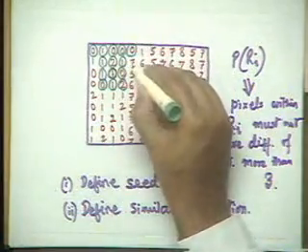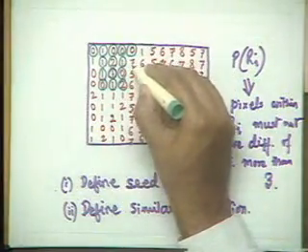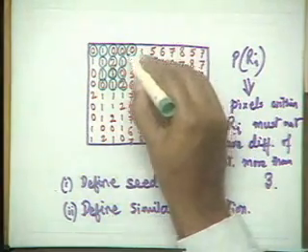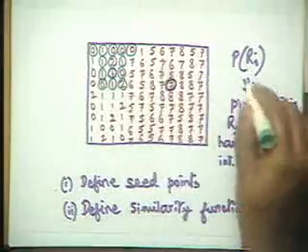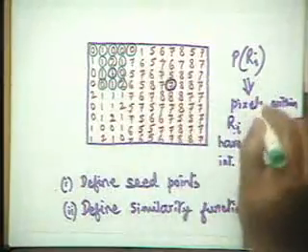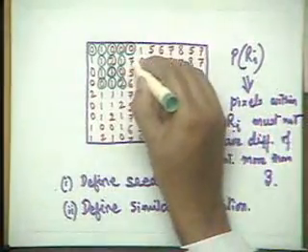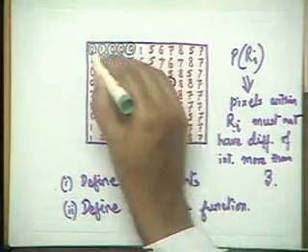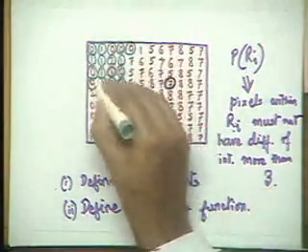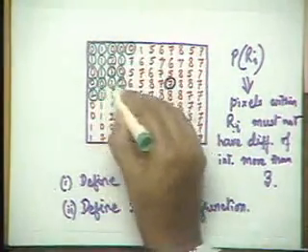This is a neighbor, no doubt, but this has an intensity of 7, and 7 is clearly an intensity which will not fulfill the defined property. So I cannot club this particular pixel to this region. But I can always club all the pixels which I am marking now.